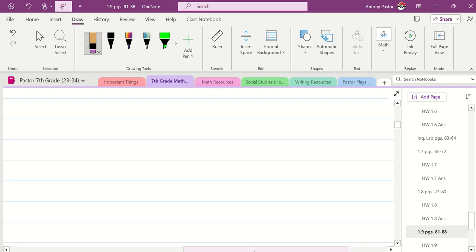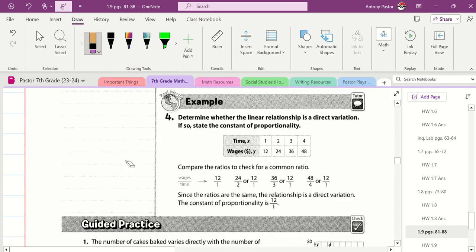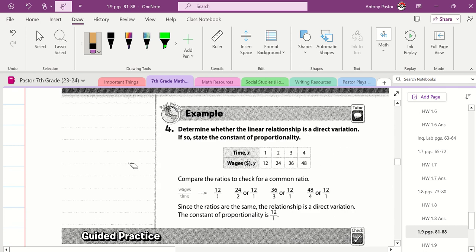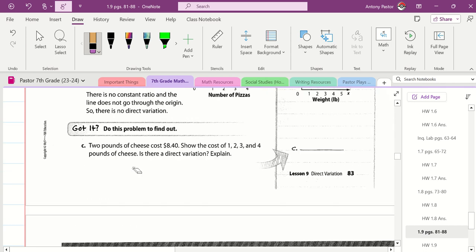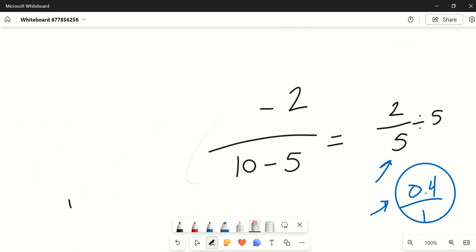So going back to the question, if 2 pounds of cheese cost $8.40, show the cost of 1, 2, 3, and 4 pounds of cheese. Is there direct variation? So again, your ratio is this.